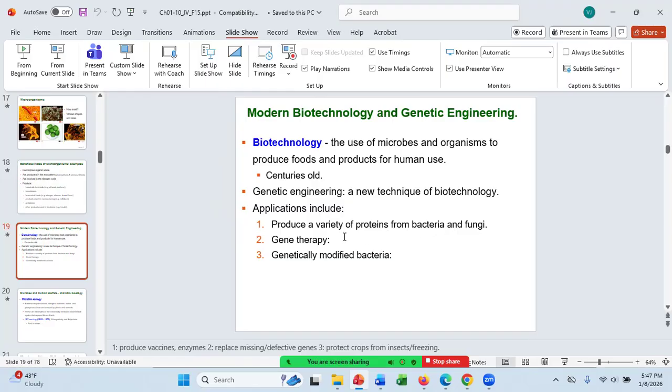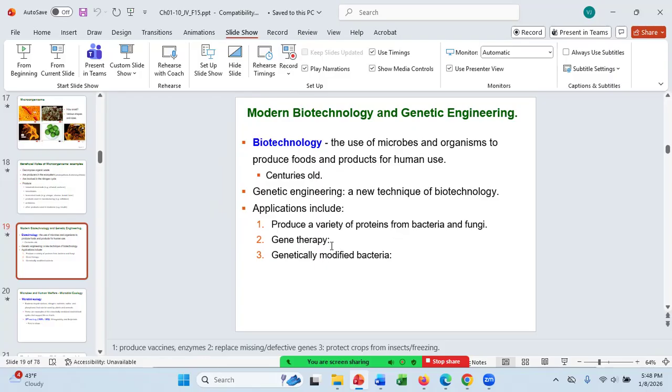We can use genetic engineering as gene therapy, like a child who is born with a genetic disease. You can use gene therapy on the child and then make their body able to act like normal for at least a few months. We'll talk a little bit about that.